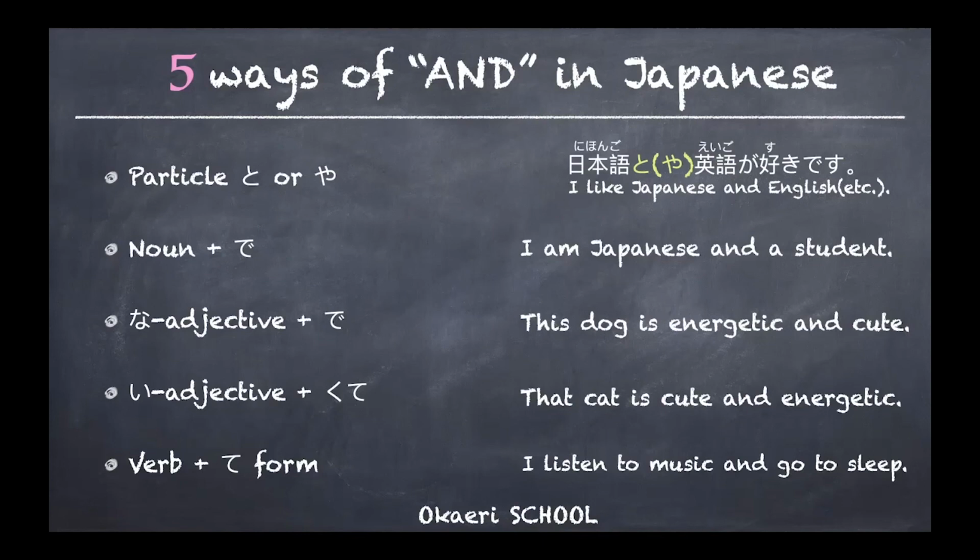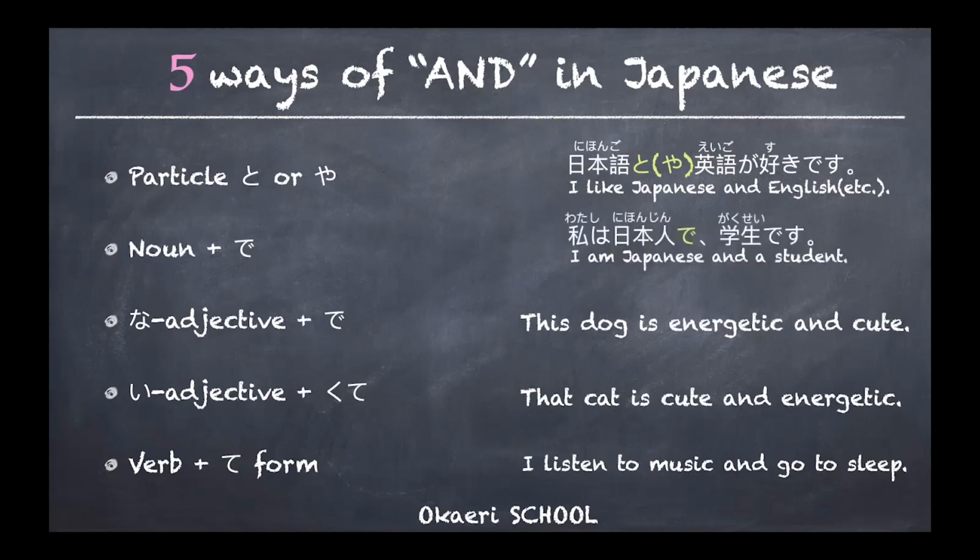And the next one, noun plus de. I am Japanese and a student. Would you say 私は学生と日本人。日本人と学生。Right. 私は日本人で学生です。日本人で学生です。would be the right one. How about this dog is energetic and cute. Energetic, full of energy.